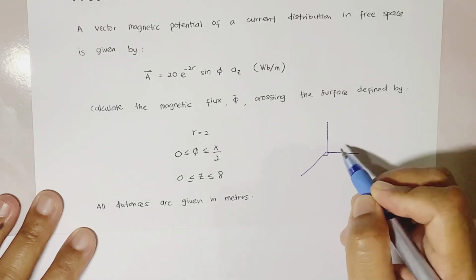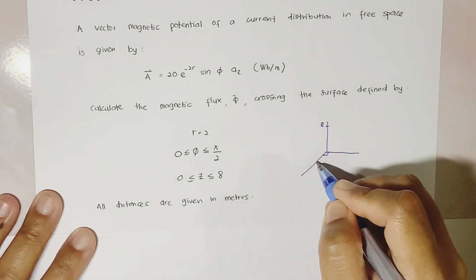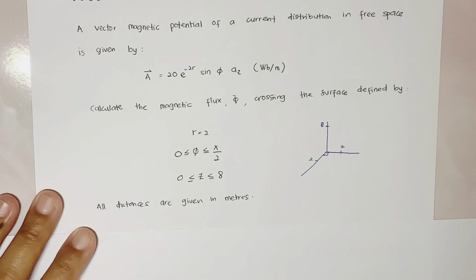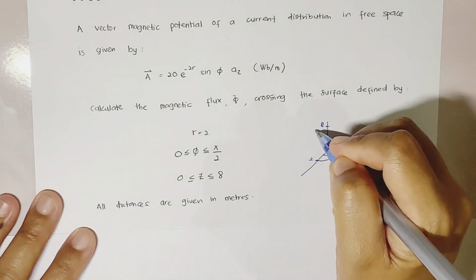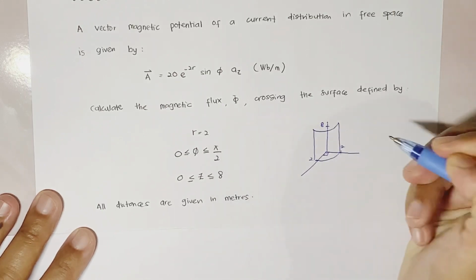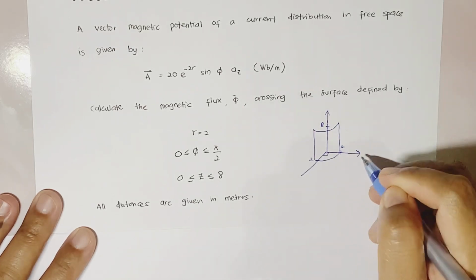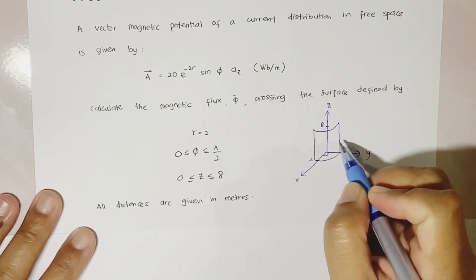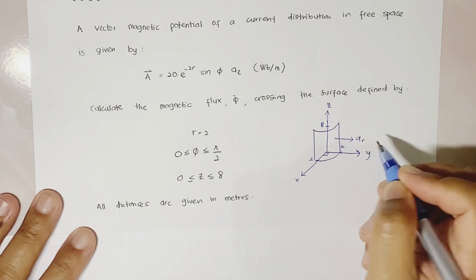And then Z is from 0 to 8. Okay, radius 2. So you can draw the surface, facing towards the AR direction.